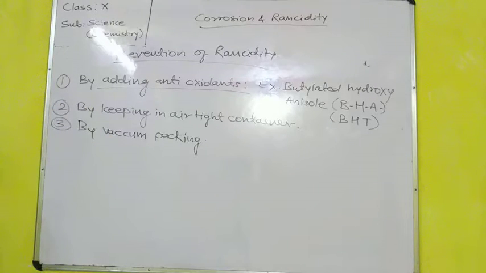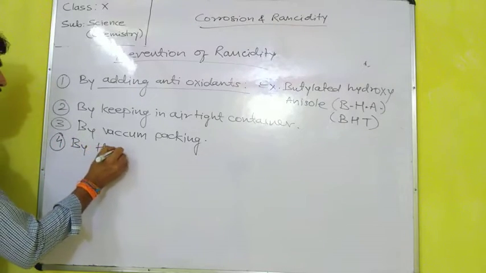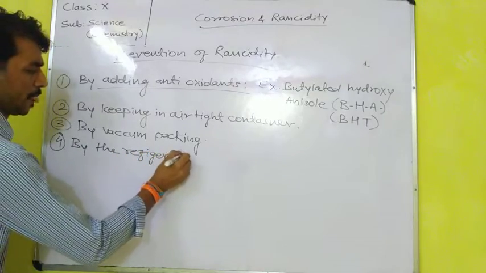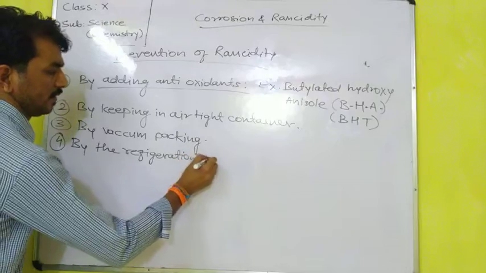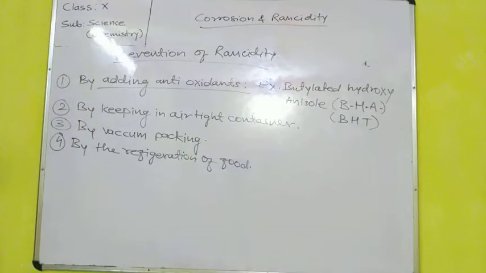Next, fourth point, by refrigeration of food. When we keep the food item in the refrigerator, because of the low temperature oxidation is not possible.